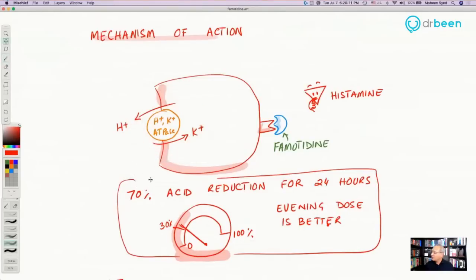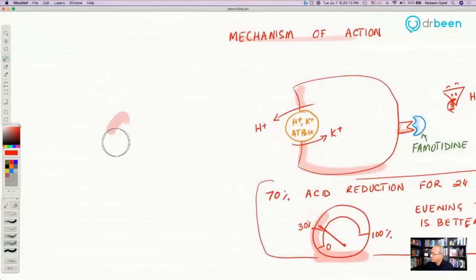And do you know how they work on that? So the proton pump, let's say this is the ATPase, and this is hydrogen removed, potassium brought in. It uses ATP. And when we give proton pump inhibitors, they act as sulfhydryl-breaking agents.